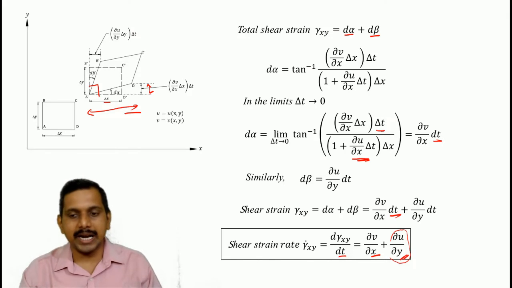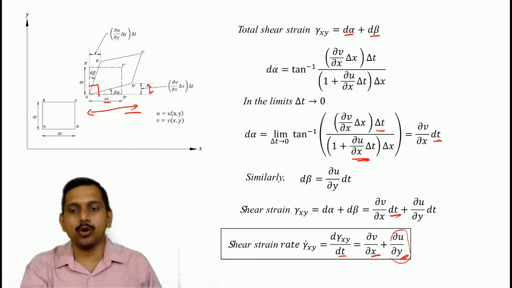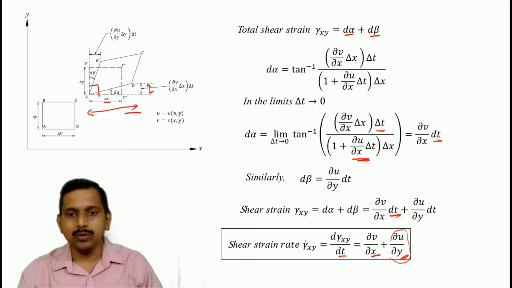You can see how I derived the strain rate, the angle, dou beta by dou t as dou u by dou y. So this is how we get the things.